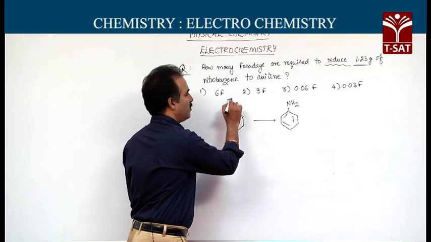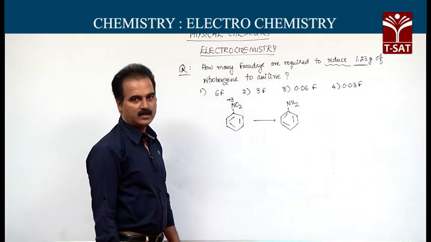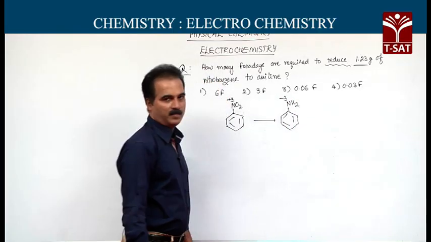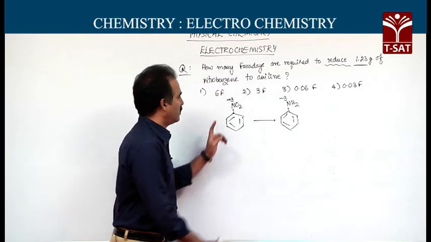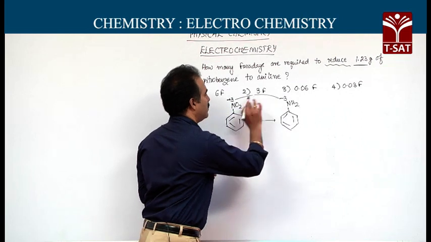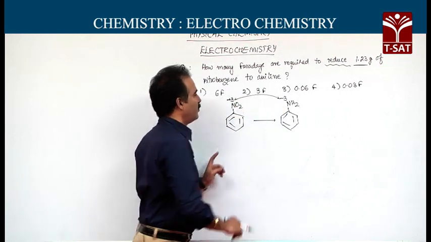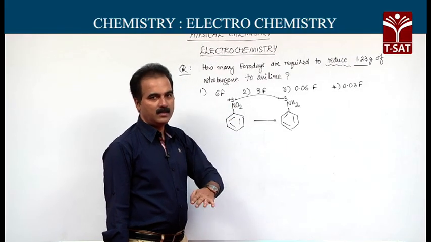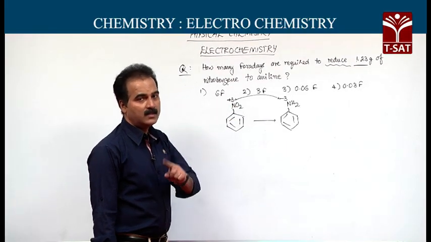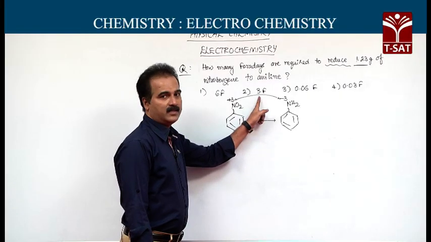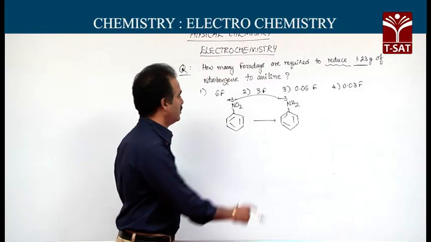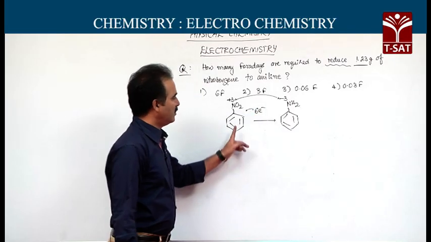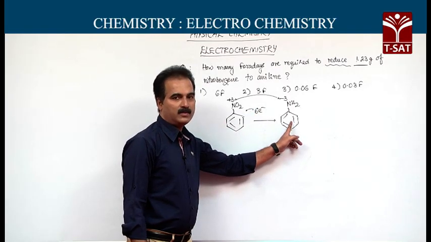The nitrogen oxidation state here is +3 and the nitrogen oxidation state there is -3. So, altogether the nitrogen oxidation state is changing from +3 to -3, which is a difference of 6 oxidation states, meaning 6 electrons are gained by nitrobenzene in order to undergo reduction to aniline.